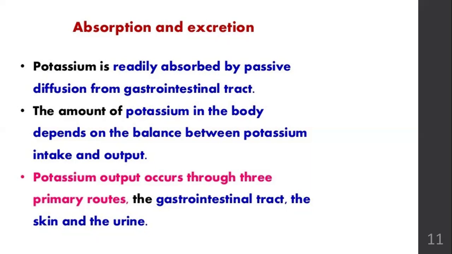Okay. Potassium output occurs through three primary routes. First is your GI tract, your skin and urine. Either through feces you will lose the potassium, or through urination, and also through sweat. Okay. Just like sodium.